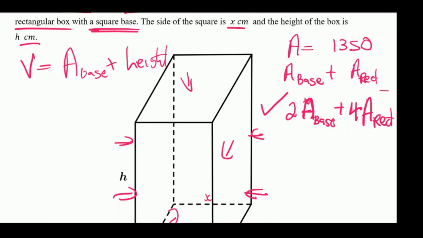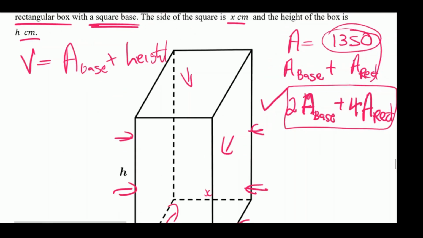So this expression here is equal to this number here, right? To write it properly, I would say 1350 is equal to 2 A_b for base plus 4 A_r for rectangular, right?